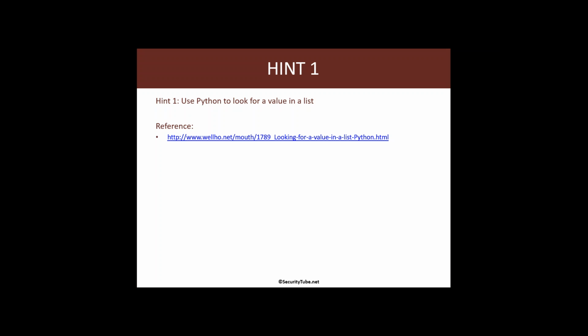So if you say use Python to look for a value in a list, right? If I already showed you how to read a log file into a list, then a good hint would be, how do you look for a value in a list? Another hint would be, how do you prompt for user input?